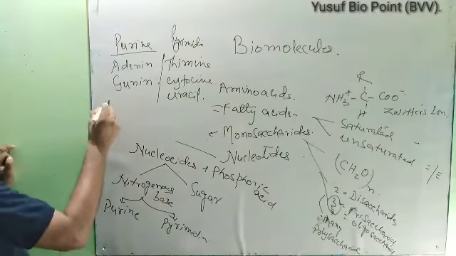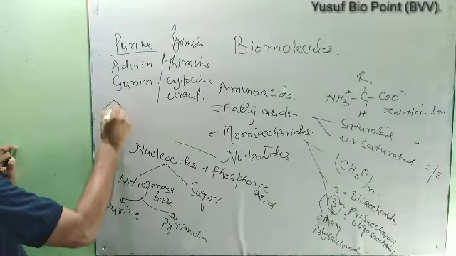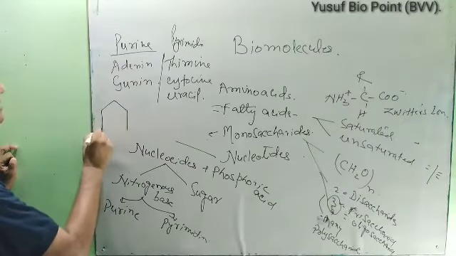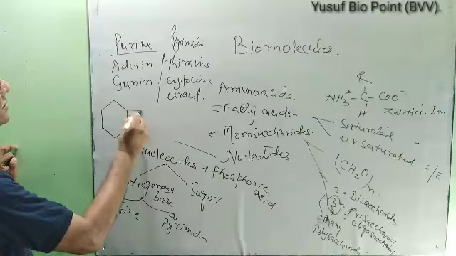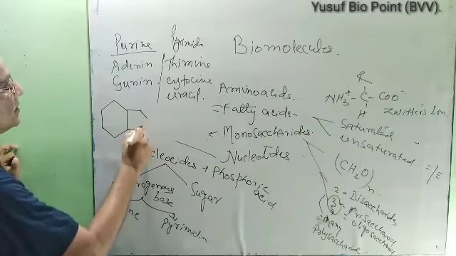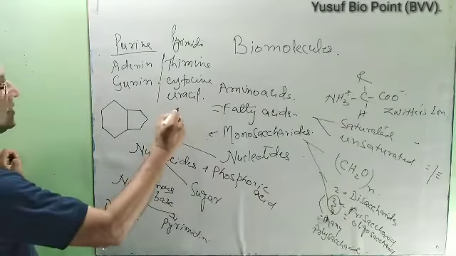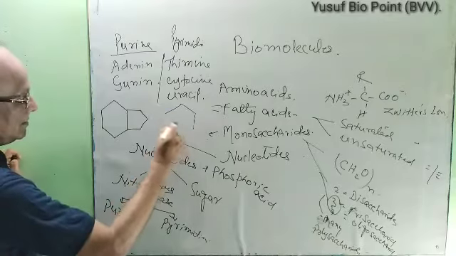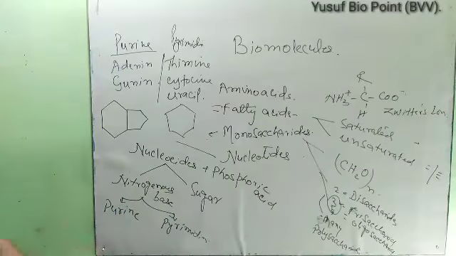Adenine and guanine are double ring structures, and the pyrimidines are single ring structures. Understand the main difference?